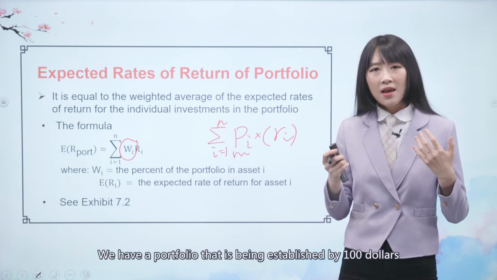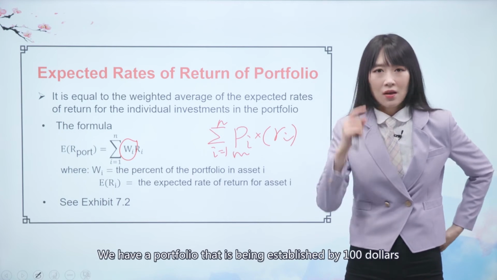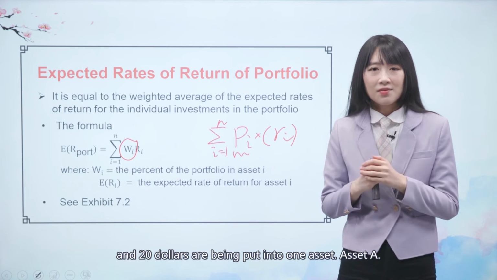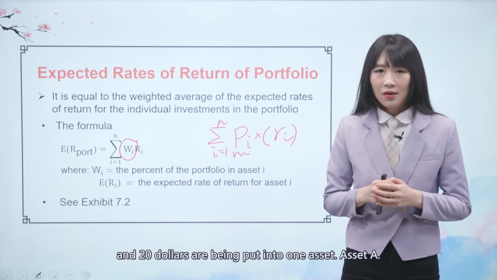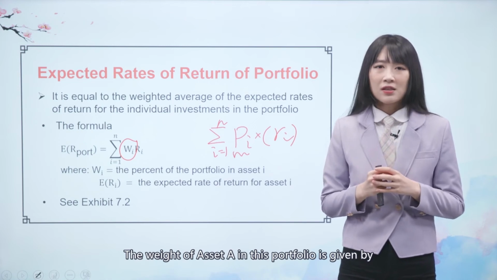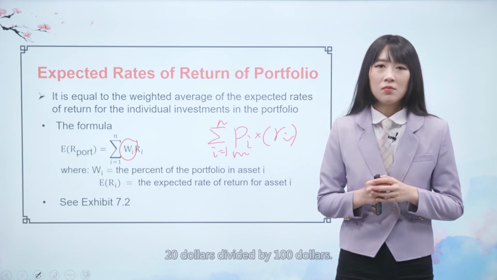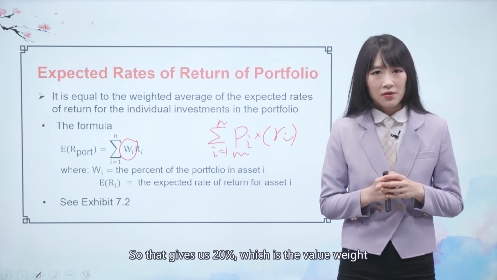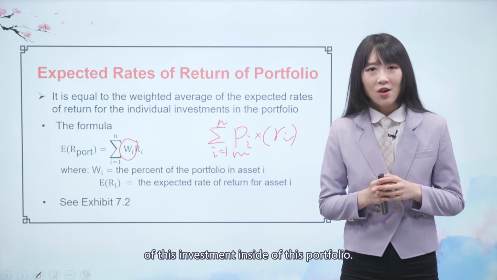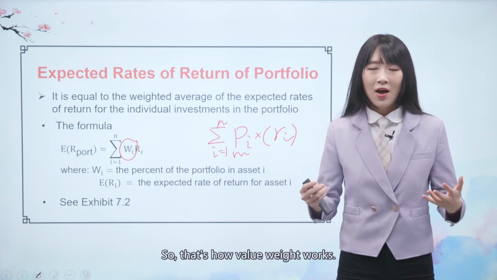We have a portfolio that is being established with $100, and $20 is being put into one asset, let's say asset A. Now, the weight of asset A in this portfolio is given by $20 divided by $100. So that gives us 20%, which is the value weight of this investment inside of this portfolio. So that's how value weight works.